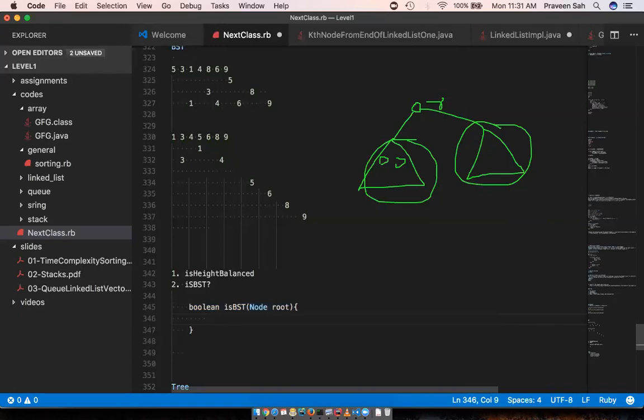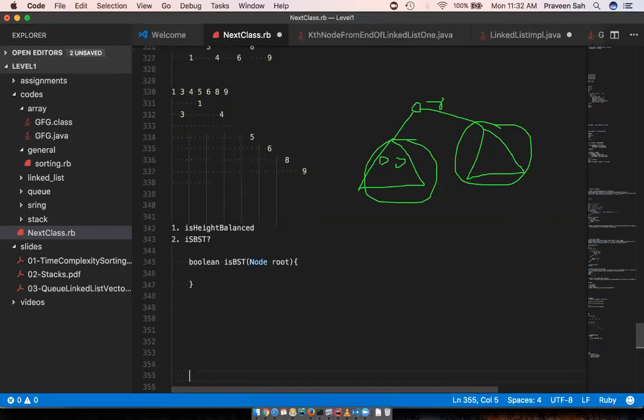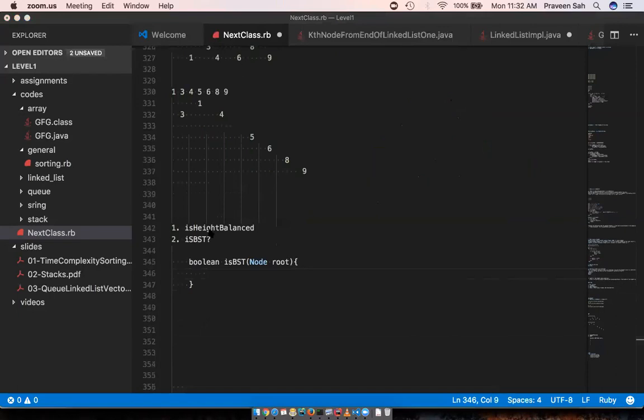Tell me what code shall I write here? Can you see the screen? Tell me what to write here. So we'll have the root node. Then we'll check.